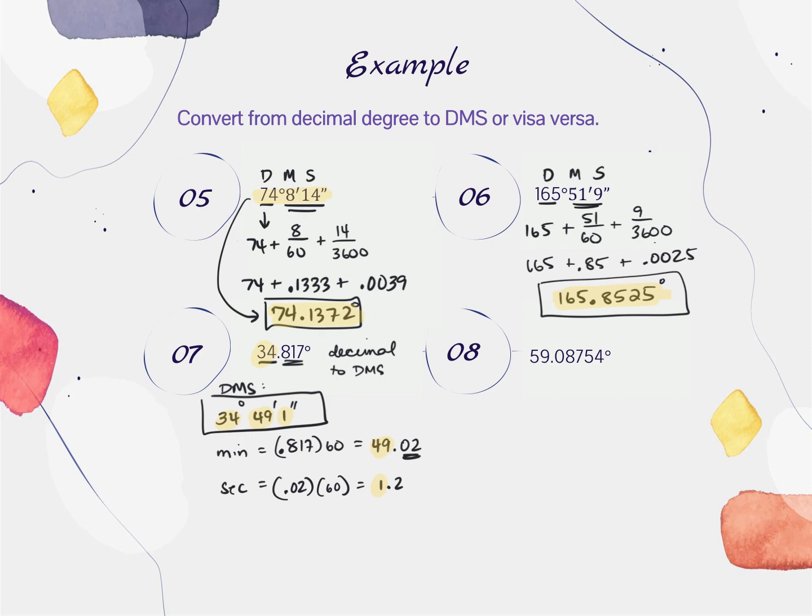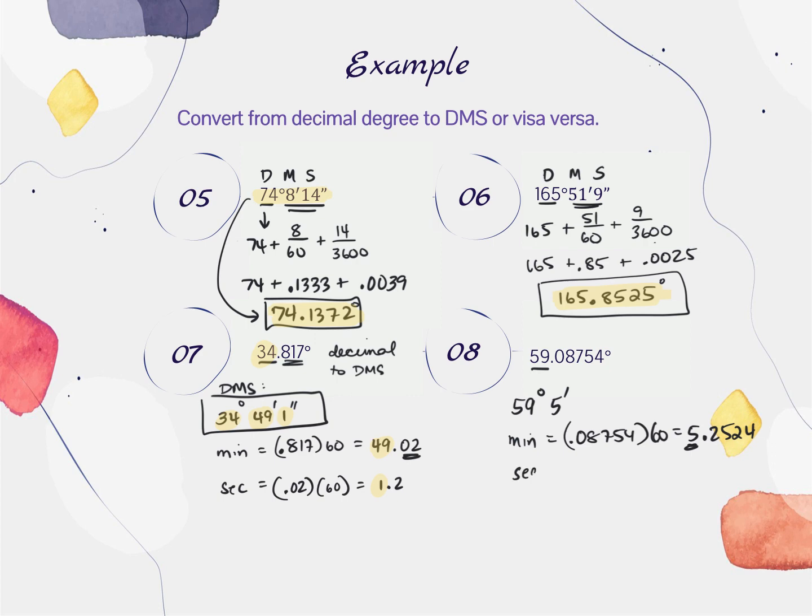So we start here with 59. So I know that in DMS form, that's 59 degrees. Then to find my minutes, I'm going to take the 0.08754 that's left over, and I'm going to multiply it by 60. So 0.08754 times 60, and I'm going to get 5.2524. And so this 5 is going to become my minutes.